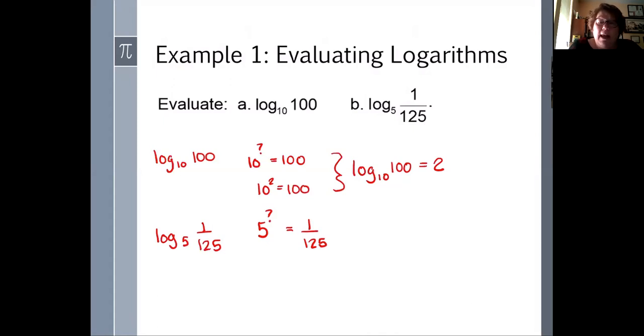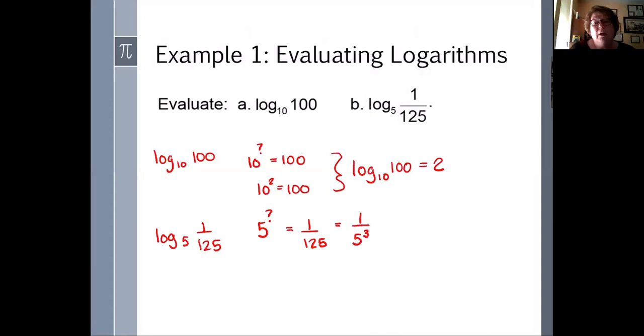So can I write 125 as 5 to a power? And the answer is yes. 125 is 5 to the third. 5 times 5 is 25, times 5 is 125. So I can write this as 1 over 5 to the third.